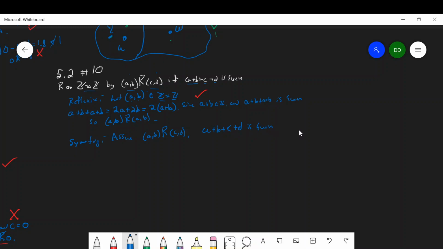Is (C, D) related to (A, B)? Is C plus D plus A plus B even? Well, sure. Again, addition is commutative. So C plus D plus A plus B is even because the two things are equal to each other. So (C, D) must be related to (A, B). So yes, it is symmetric.